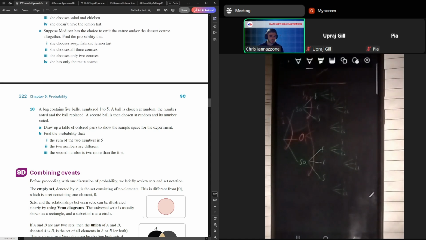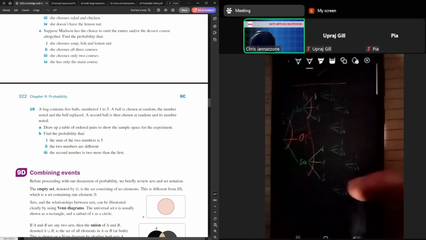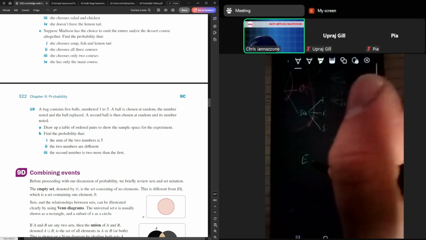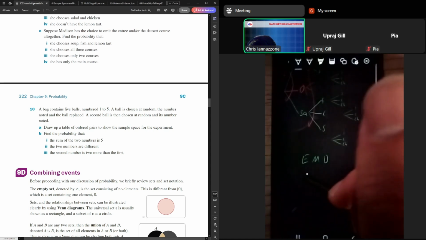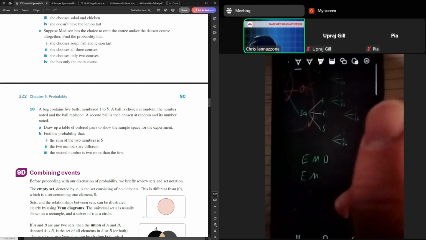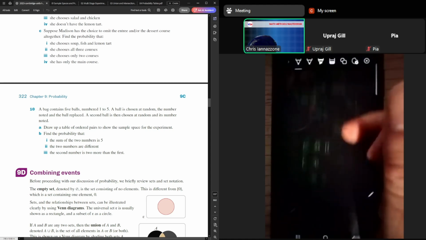Only 2 courses. I mean, we can maybe think about it like a counting methods approach, which is you either have all 3 courses, entree, main, dessert, or you could do entree, main, or you could do main, dessert.